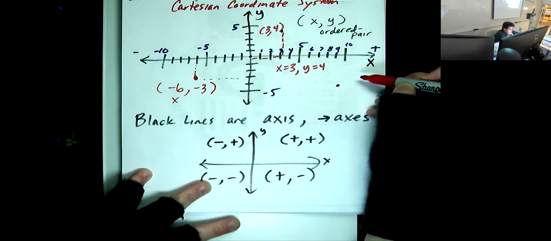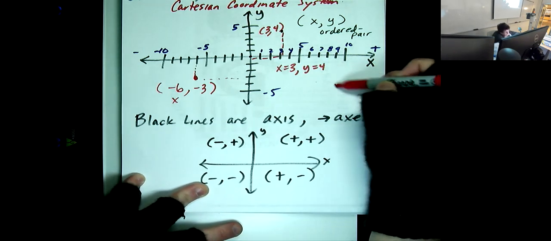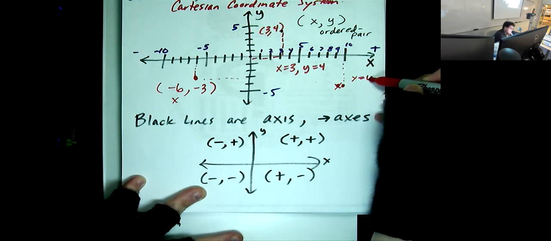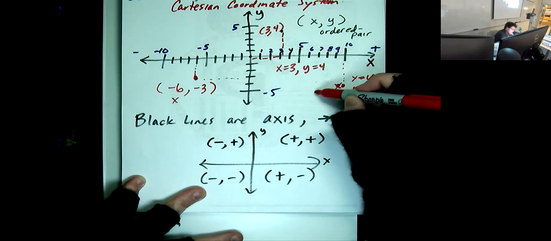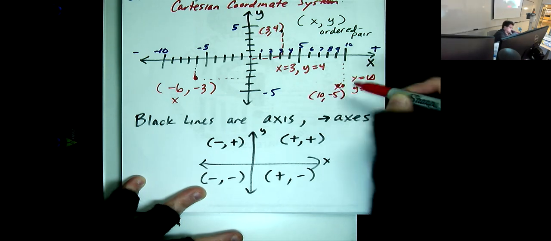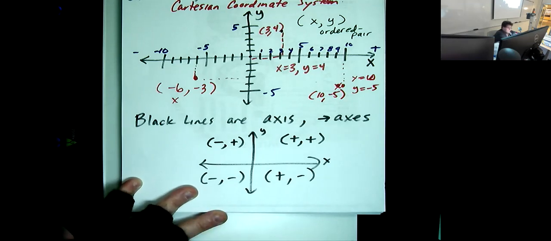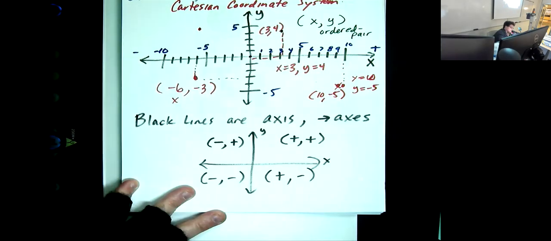I put one there. That looks like X equals 10 and Y equals -5. That would be (10, -5). That dot would be (-6, 5).